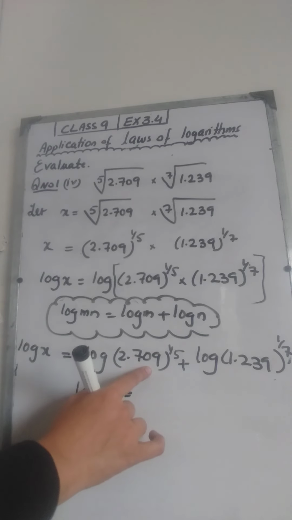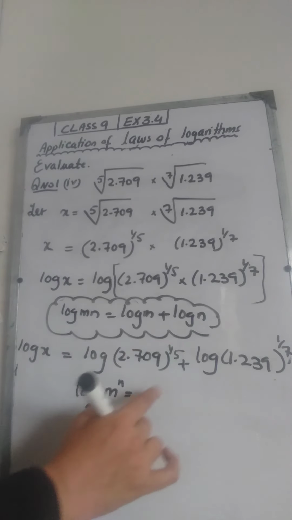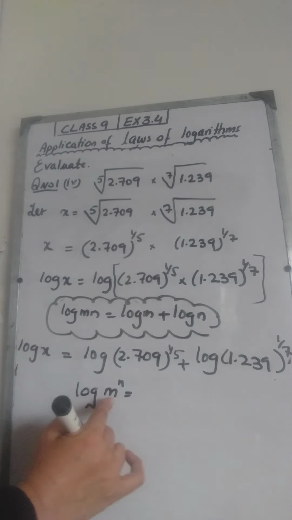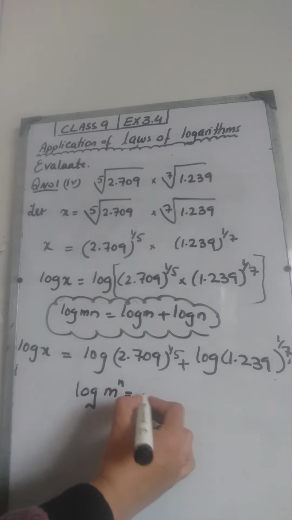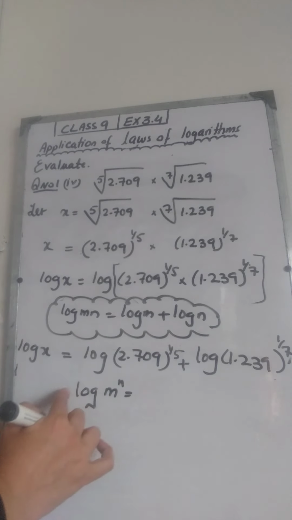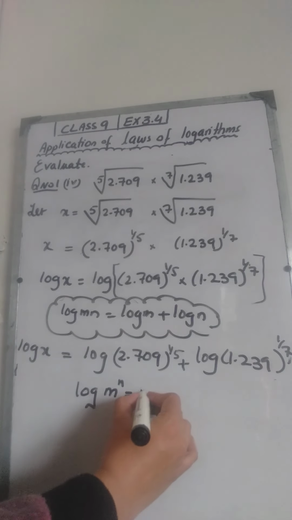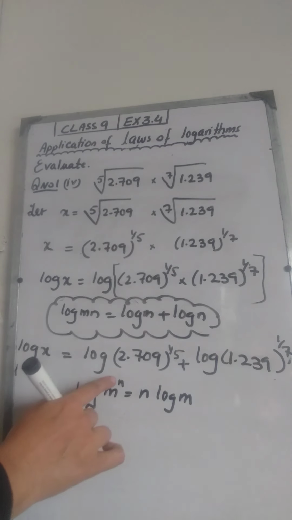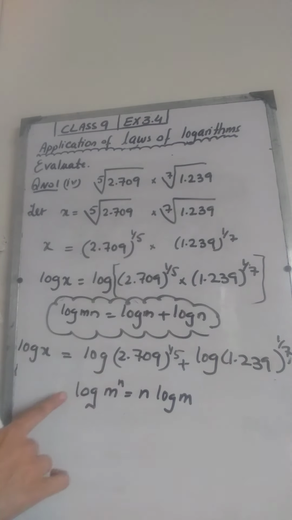We have some number raised to power 1 over 5. Whenever we have a power you can apply the law of power of logarithms. This is equal to n log of m; this power will come in front of log.